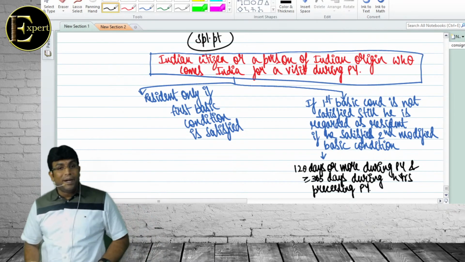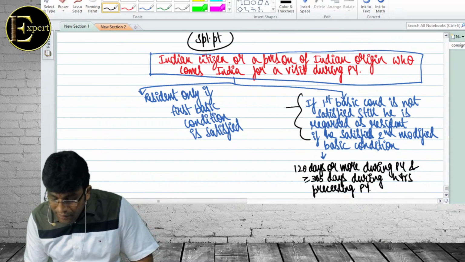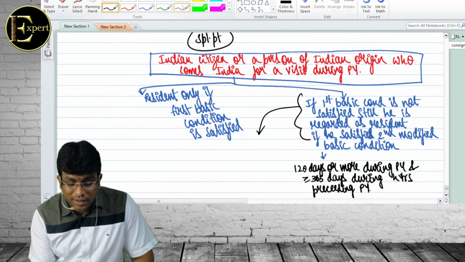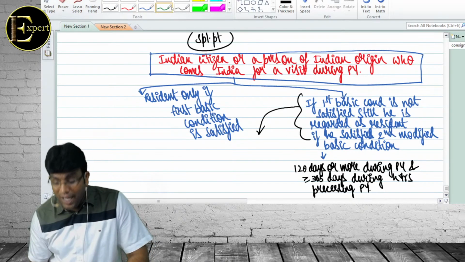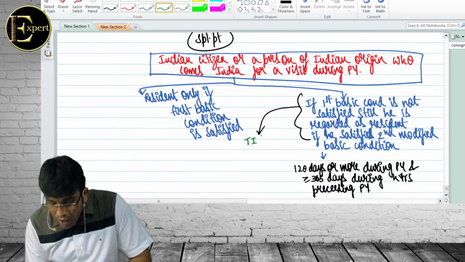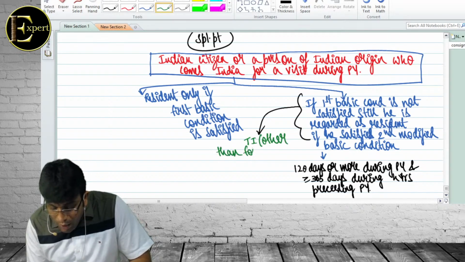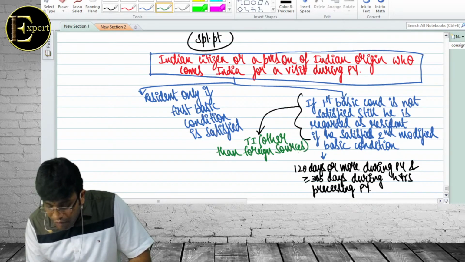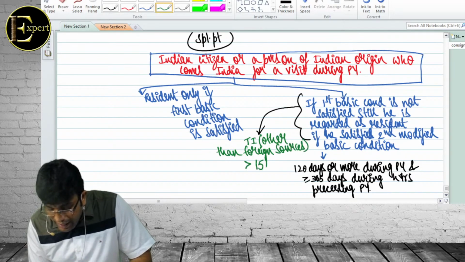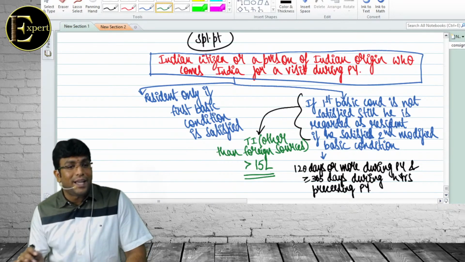So getting clarity, everybody? But this story will apply only when total income other than foreign sources is greater than 15 lakhs.